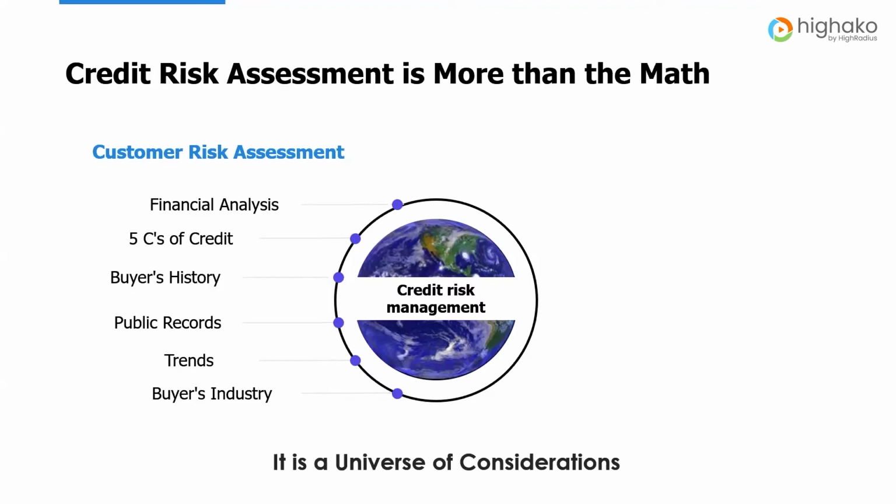That is definitely important. So financial analysis is certainly a component of assessing the risk of a customer. The 5 C's of credit, which we're going to go into in a bit, is a way of looking at various characteristics about this company and assessing their creditworthiness.